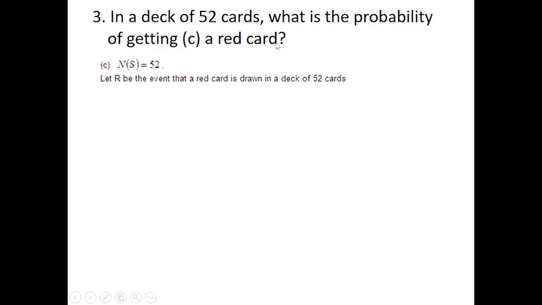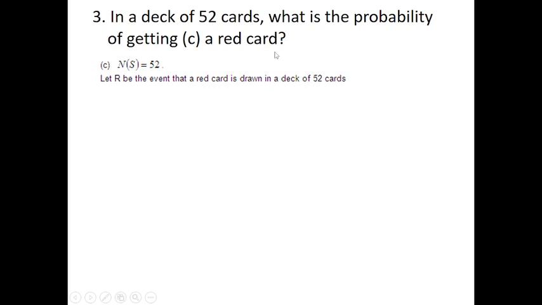Ngayon, if that is the event, ilan lahat ng possible outcomes dun sa event R? Bubunot ka ng baraha dun sa deck. Ilan lahat ng possible outcomes sa event R?